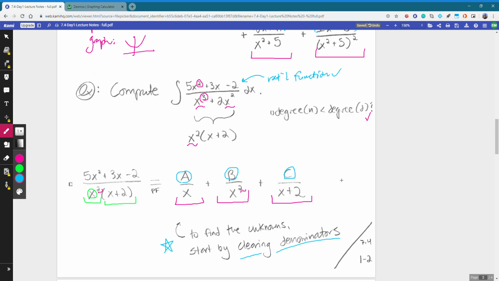And what's nice is that since these denominators from our decomposition all come from the factors of our denominator here on the left, we can always clear denominators just by multiplying by our original denominator. And so what I am saying here is, let's take both sides, left and right, and multiply by x squared times x plus 2.